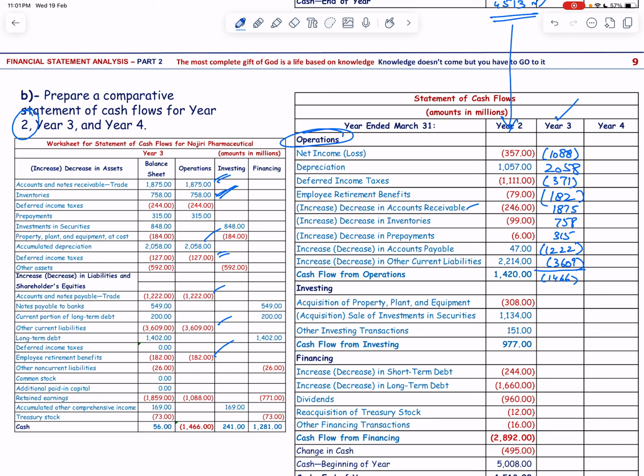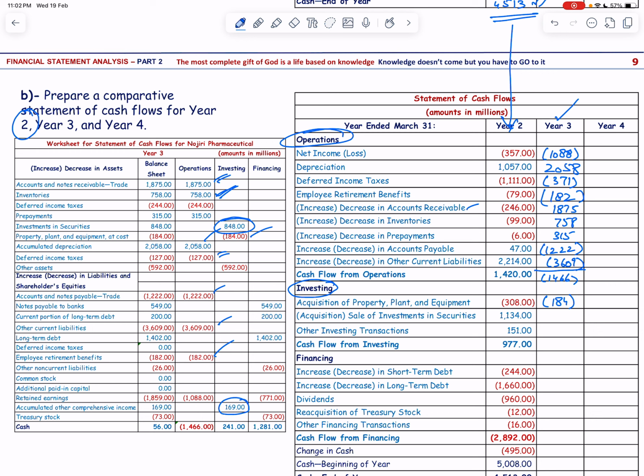Okay. Then we have the acquisition of property, plant, and equipment, and this is for the investing activities. Now, property, plant, and equipment is 184 negative. Then we have the sale of investments in securities, 848, and then the sale of other accumulated other comprehensive income of 169.